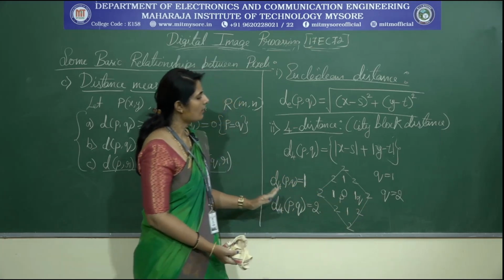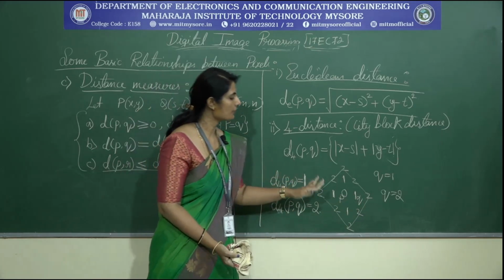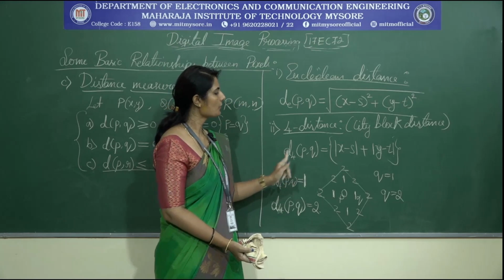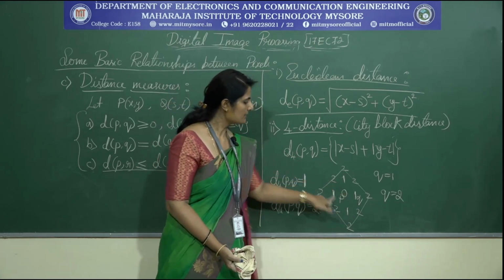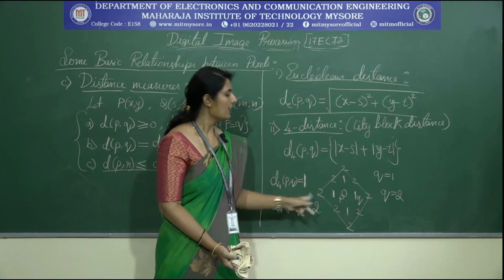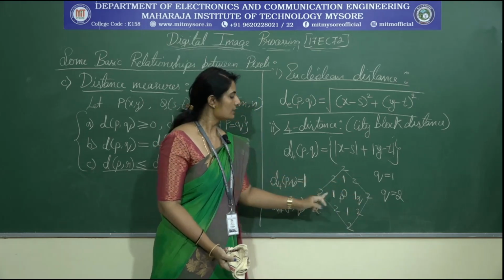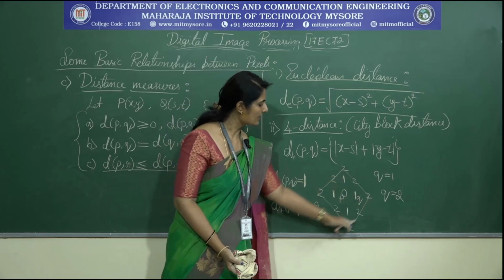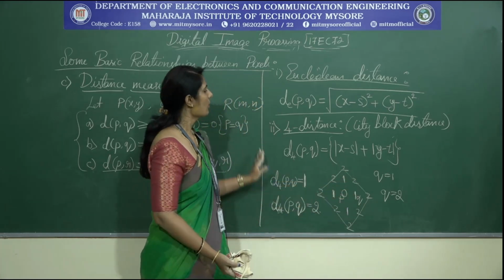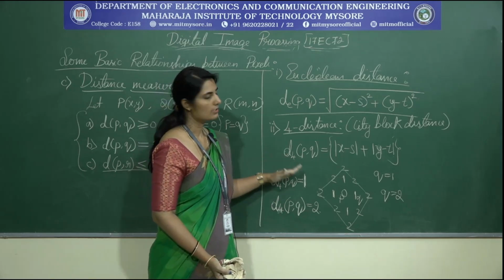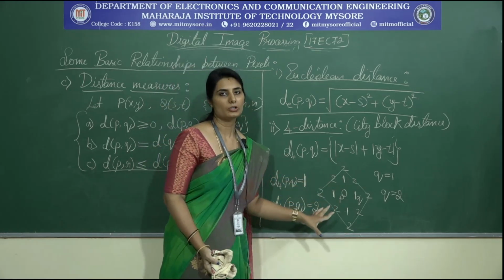Okay, so this is how we find the distance of Q from P. If the distance of Q is 1, then it lies in the first 4 neighbors, and if it is 2, then Q lies in the second 4 neighbors of P. Understood? So this structure always leads to a rhombus kind of contour.